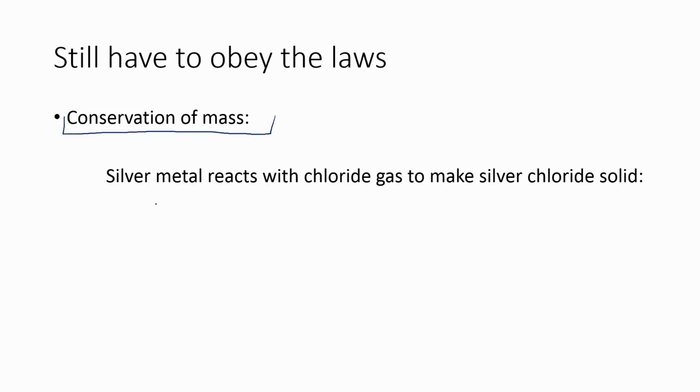And while that was an observation of mass, we know now from Dalton's atomic theory that everything's made up of atoms, and the reason conservation of mass works is the atoms are only rearranging. We don't get new atoms, we don't lose any atoms.